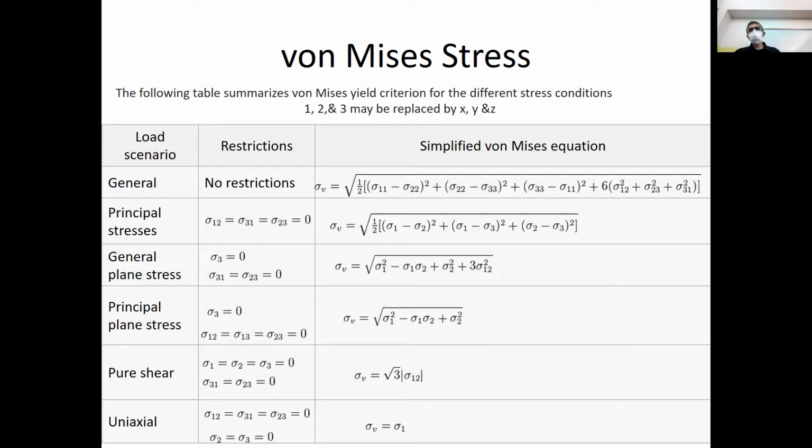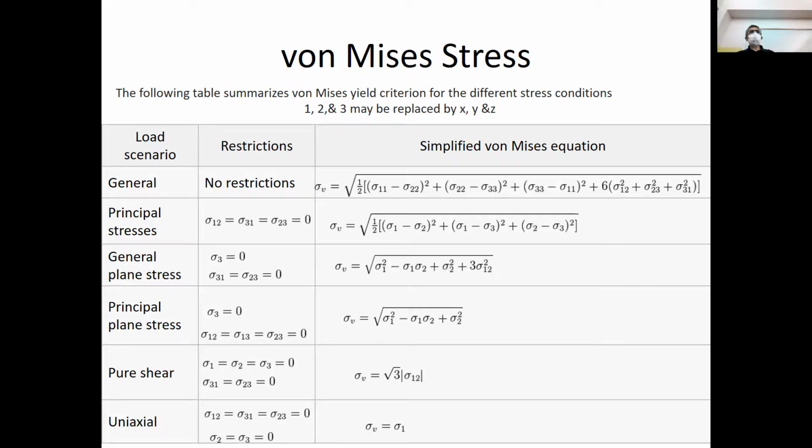General plane stress, where everything in the z direction is 0. Principal plane stress, pure shear, and uniaxial. Of course, uniaxial would be the case of the simple tension specimen.